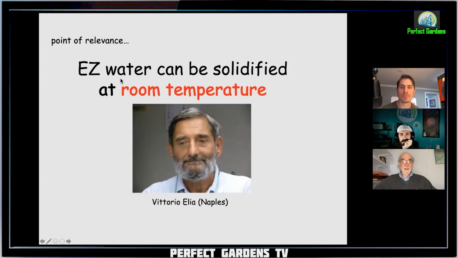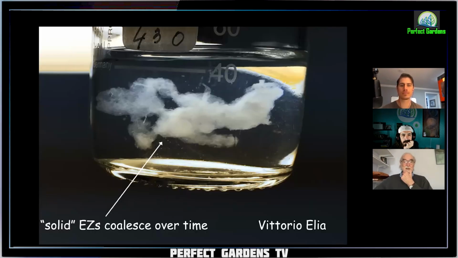Boggles the mind. And the guy who did it first was Vittorio Elia from Naples, an outstanding biochemist interested in EZ water. He has a few publications. This is just a slide from his laboratory. To achieve these cloud-like structures, he took a piece of Nafion.